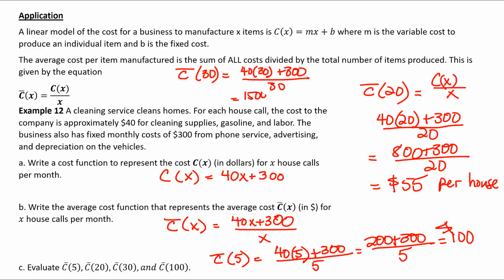That's going to be 1,500 over 30, which is going to be $50 per house. So you can see that the more houses you clean, the better. And then if you put in 100, you're going to have 4,000 plus 300, so 4,300 over 100, which is going to be only $43 per house.